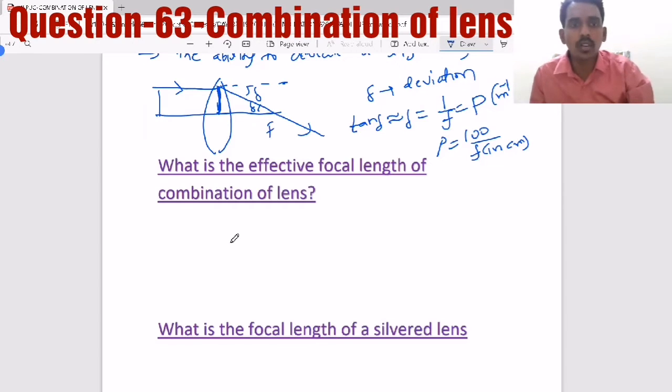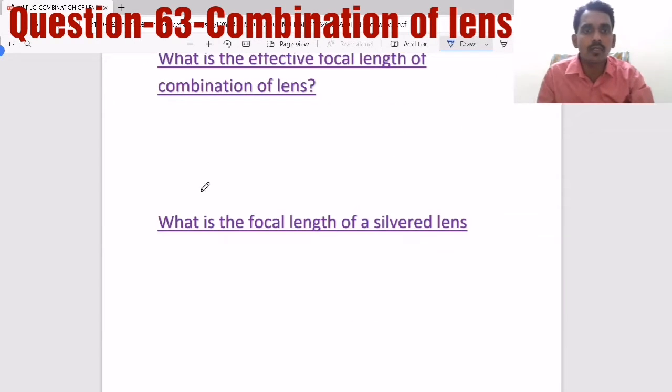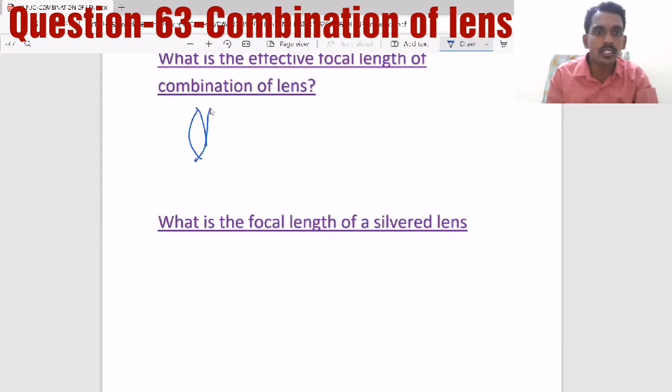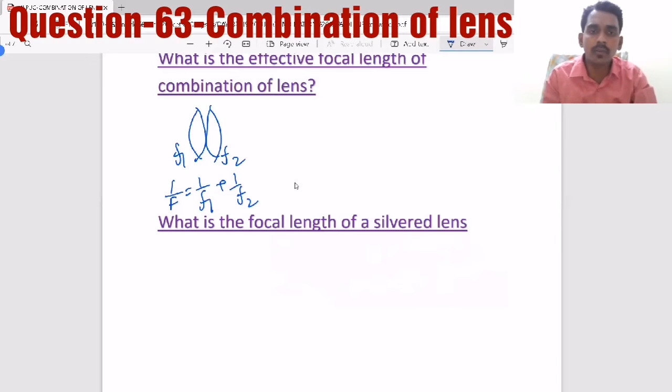Now the next thing is what is the effective focal length of a combination of lenses. When you consider two thin lenses in contact, having focal lengths f1 and f2, then the focal length is given by 1 by f equal to 1 by f1 plus 1 by f2. If there are 3, then plus 1 by f3, and so on. Sometimes they can give lenses separated by some distance d.